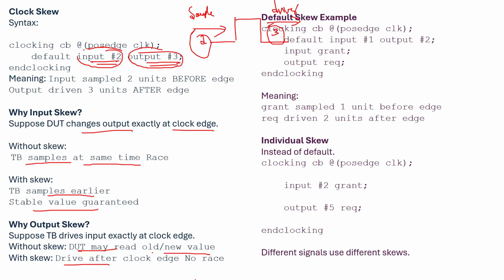So grant is sampled one unit before, and then request is driven 2 units after that. So input is the grant and output is the request. Same thing here: input has a 2 unit delay for grant, and the output is delivered with a 5 time unit delay.